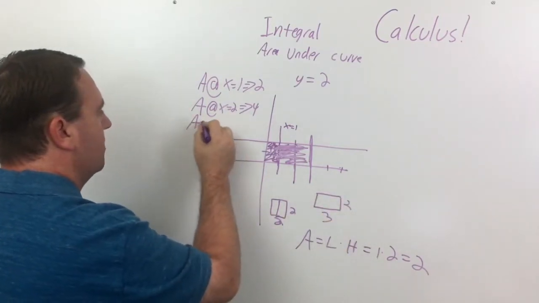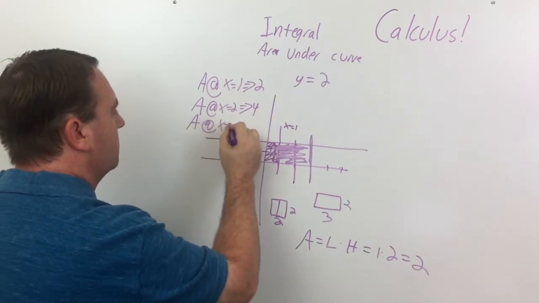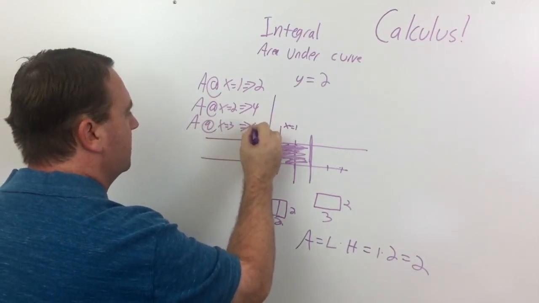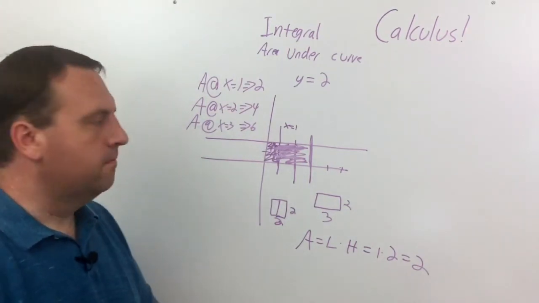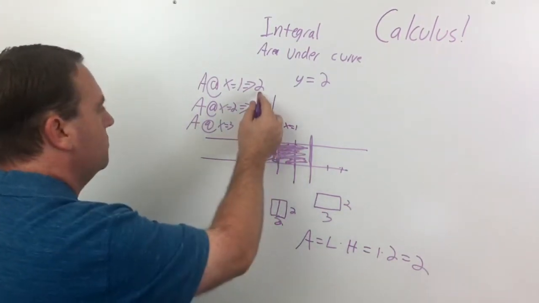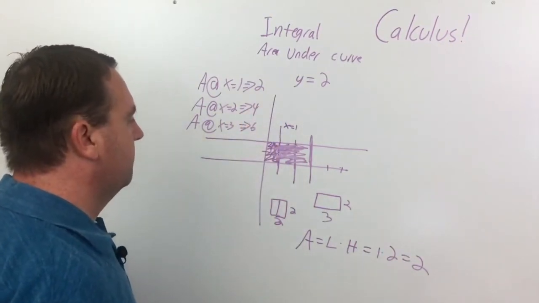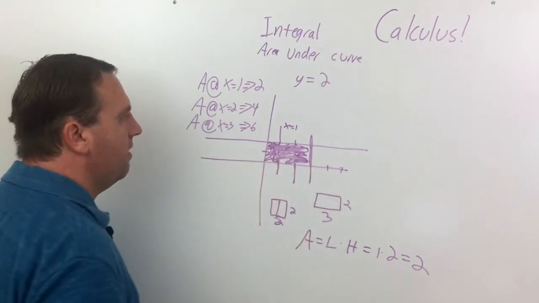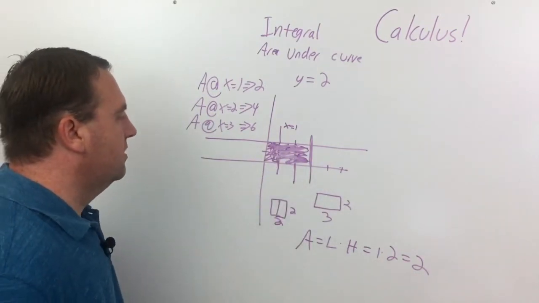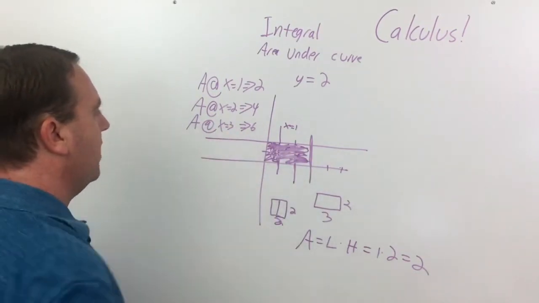And the area at x equals 3 is 6. Now, do you see a pattern starting to form? 2, 4, 6. Okay, so it looks like the area is simply doubling our x value.